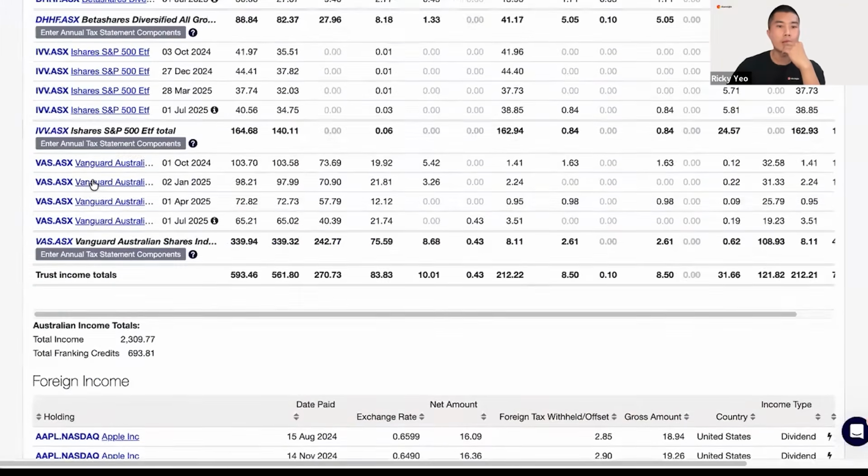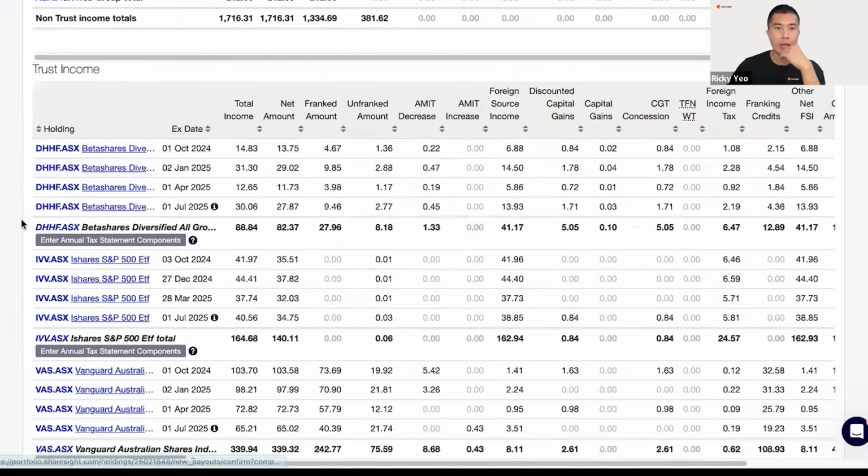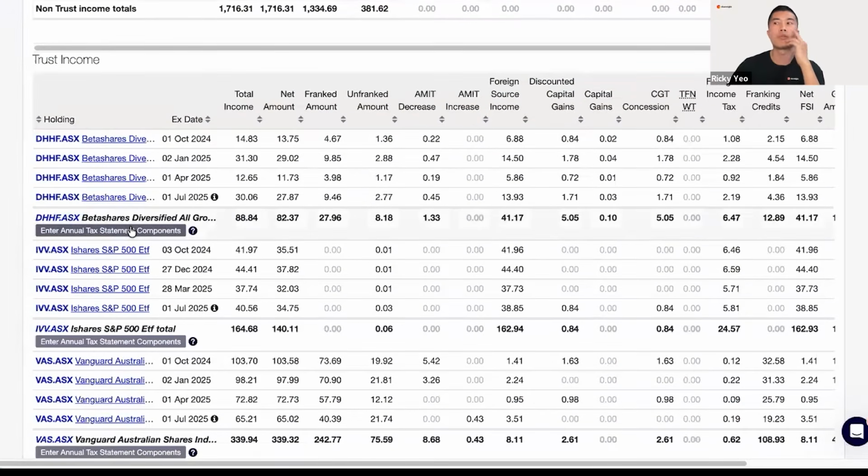One thing for ETFs: as you know, if you own an ETF, you will receive the annual tax statements at the end of the financial year. We have the finalized tax component data for most of the fund providers, like Vanguard, BetaShares, and some for Global X as well.